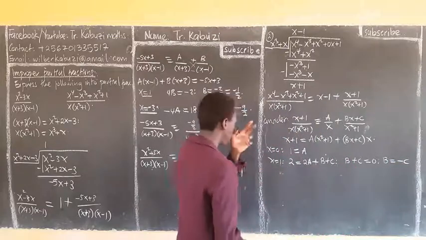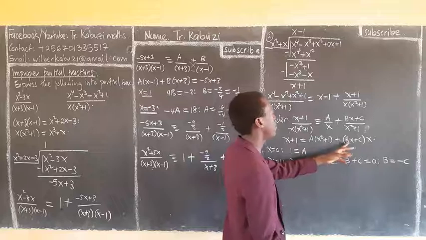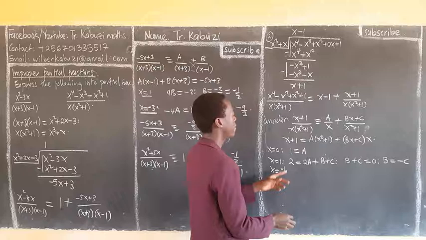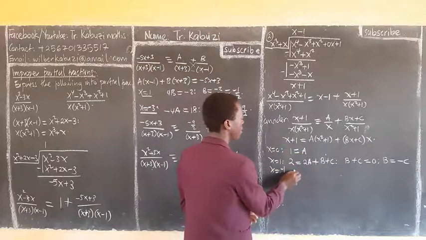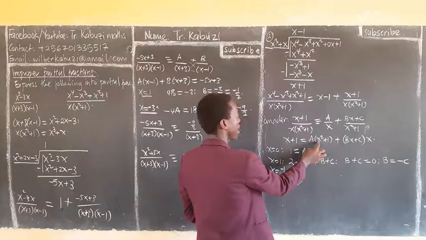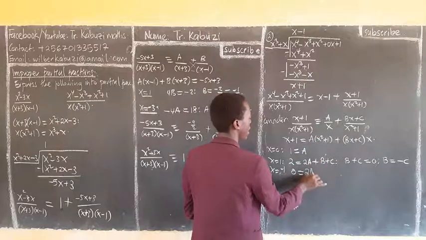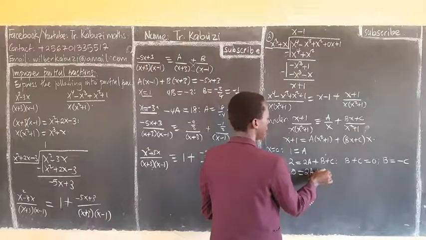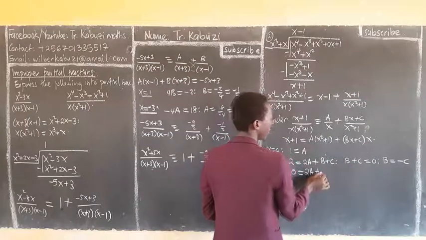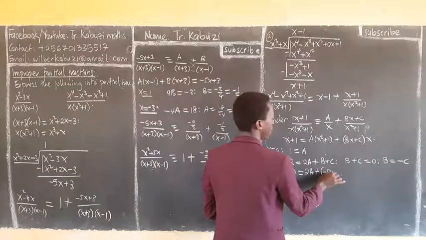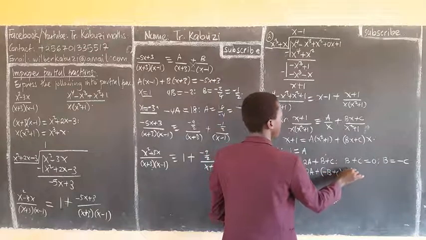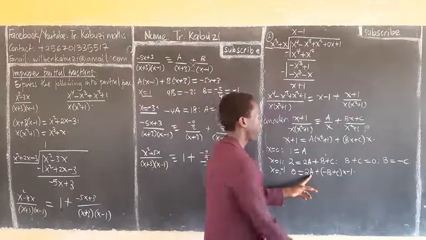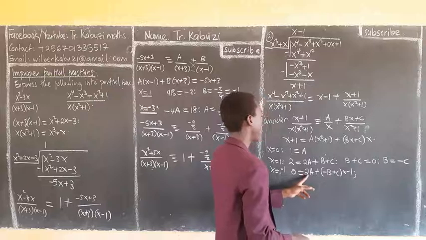You can use any other value, but of course smaller values, when x is negative 1. When x is negative 1, I have negative 1 plus 1. This will be 0 equal to negative 1 squared is 1 plus this. We have still 2A. Then when I put a negative 1, I'll be having plus, now the whole of this is negative. I have negative B, then plus C, then times negative 1. Here I already have a negative 2.